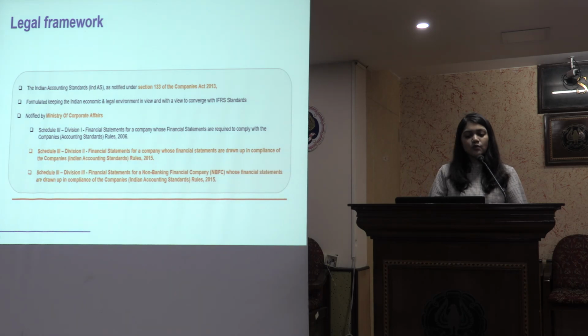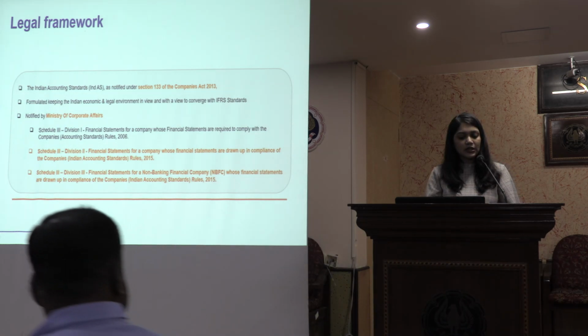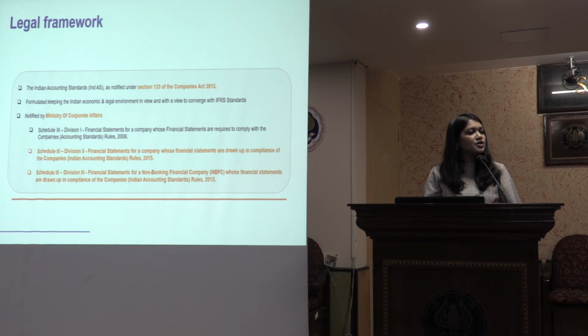Apart from this, we also refer to Schedule 3 Division 2 and Division 3. So Division 2 basically talks about the financial statements for a company whose financial statements are drawn in compliance with the Companies (Indian Accounting Standards) Rules, and Division 3 specifically talks about the NBFC companies. So that's the only difference between Division 2 and 3.